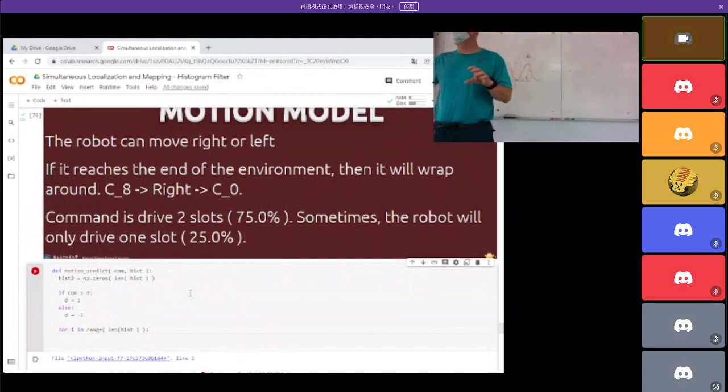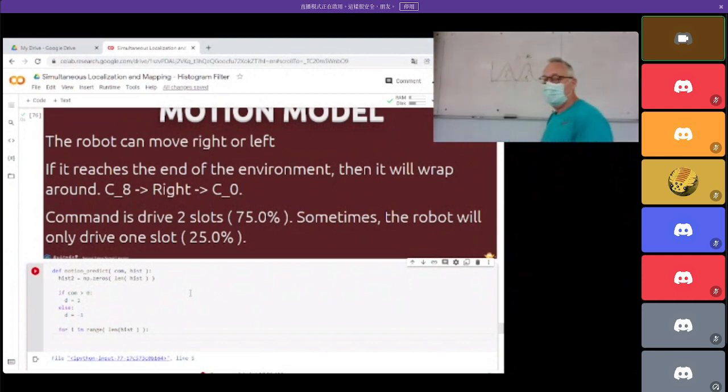One of them will be weighted with 0.75 because 75% of the time I will drive two spots. And one of them is going to be weighted 0.25 because with 25% probability I only drive one slot. So now I just need to go through my array and then add them all up.